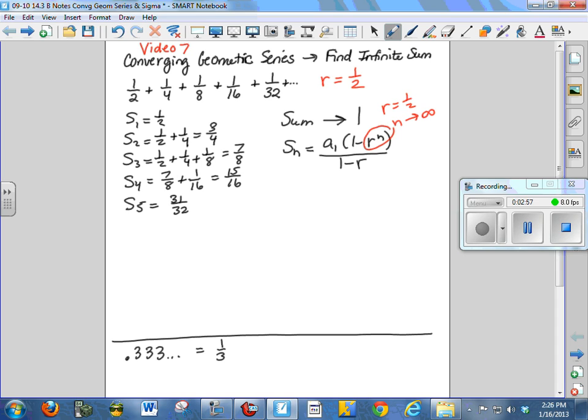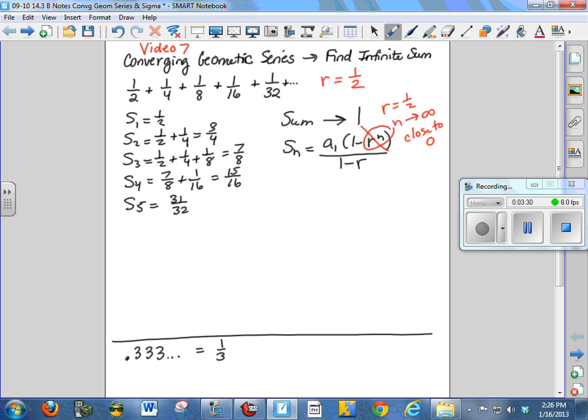You might even try in your calculator putting in 1/2 to some very large exponent, 1/2 to the 100, 1/2 to the 1000. I think you would realize that it's going to get smaller and smaller because we have 1/2, 1/4, 1/8, 1/16, 1/32, and so forth. That's going to turn out to be a number close to 0. So as n gets infinitely big, this term basically disappears, becomes close to 0.